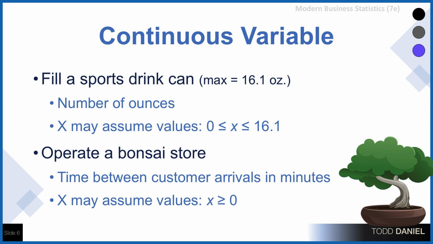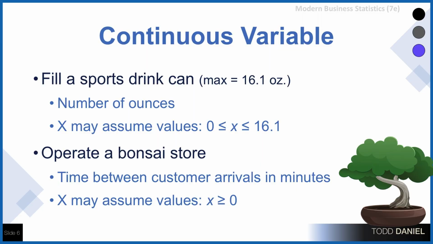A continuous variable, and again this is our topic for next week, could be something like filling up a sports drink can. How many ounces of fluid are in the can? The maximum, according to the machinery, is 16.1 ounces. So how many ounces are in the can? Theoretically could range from 0 all the way to 16.1.